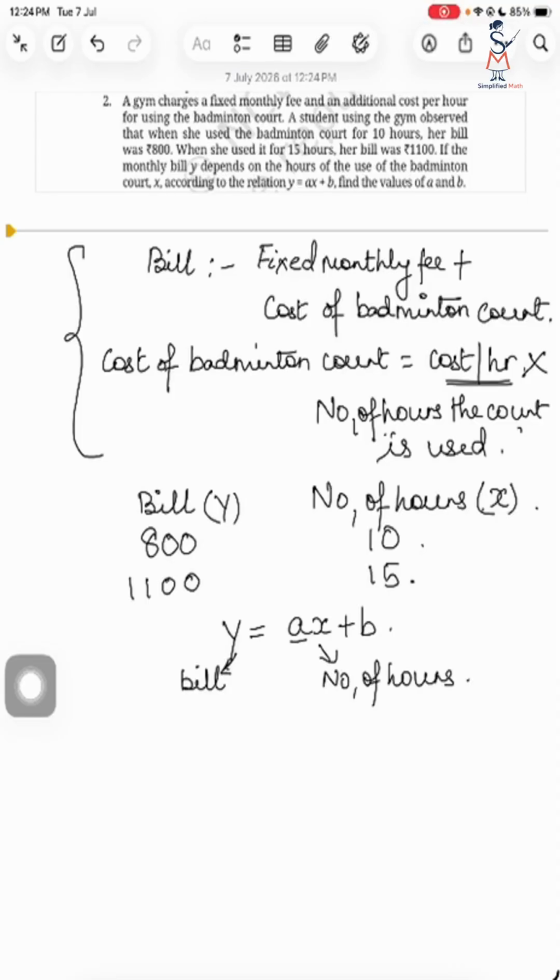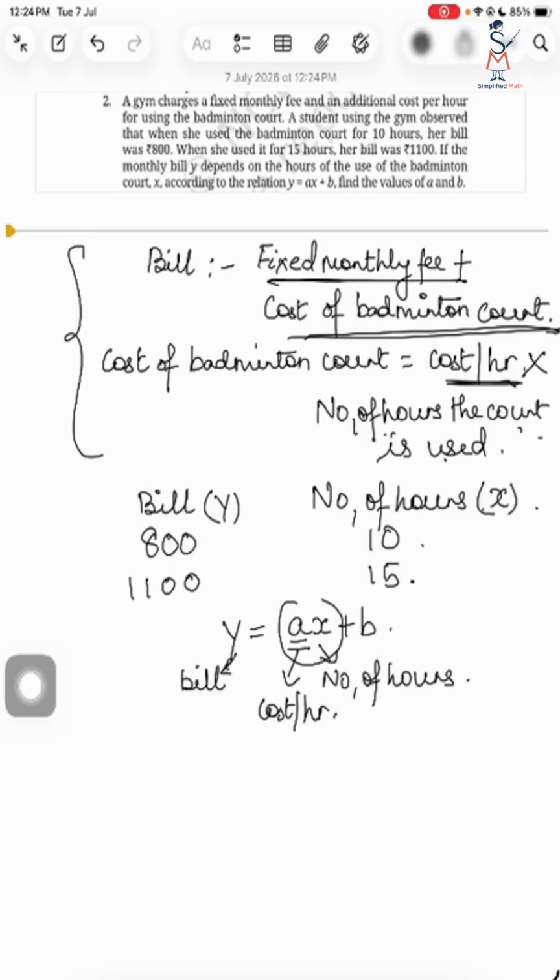So what is A? As I explained in the first thing, A is the cost per hour of the badminton court. And what is B? The bill is fixed monthly fee plus cost of badminton court.